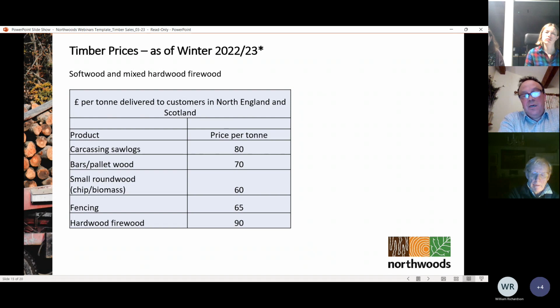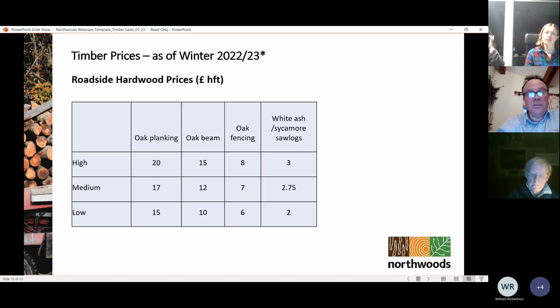Pallet wood and fencing bars 70, chipwood and biomass 60, fencing timber 65, and then hardwood firewood, well, 90, but you do hear prices of 100, 110, even 120 in the Midlands being paid at the moment, which is completely unprecedented, that firewood is the highest value product in the assortments.